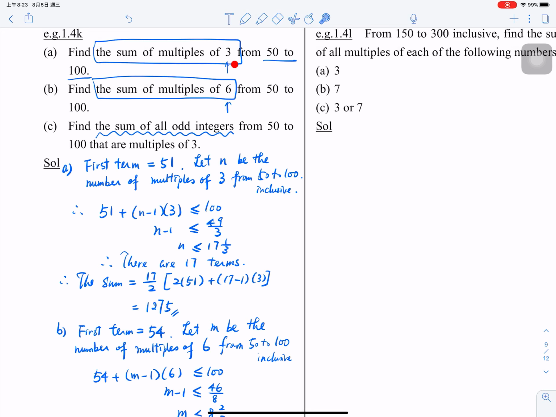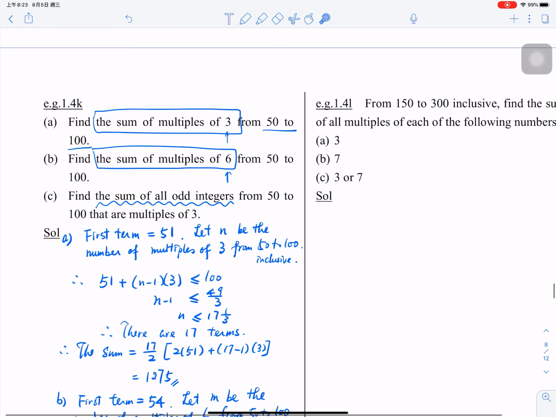Part A, multiples of 3: 51, 54, 57, and then 60, and so on.